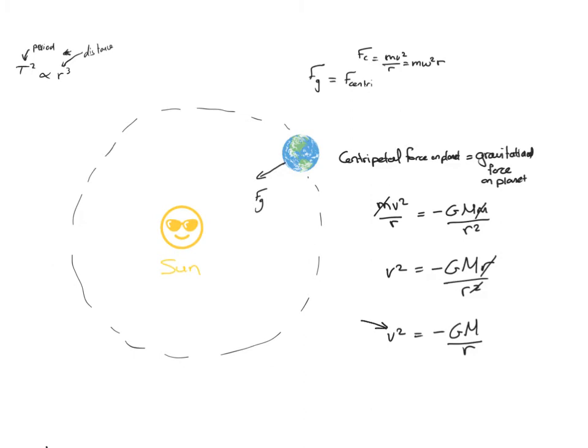We know already that v can be re-expressed as v is equal to omega r, where omega is 2 pi over T. So I will place that in there. It will be omega squared, so that will be omega squared r squared equals minus GM over r.